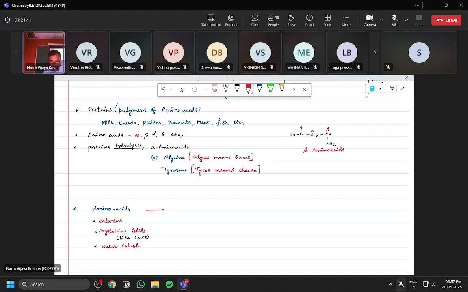They are classified into different types based upon the functional group.